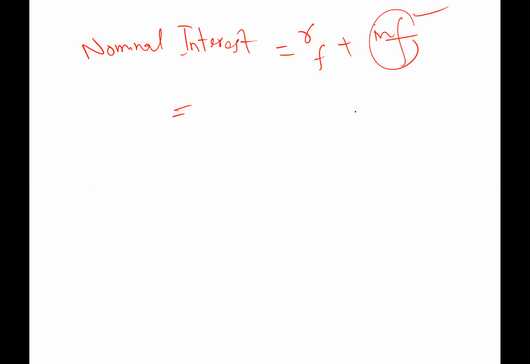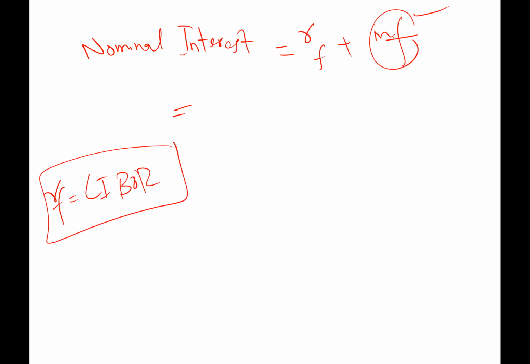It is the component of inflation. Normally the risk-free rate is LIBOR, the London Interbank Offer Rate. It is published on a daily basis as well, on 3 months, quarterly, semi-annually and yearly basis. You can go to the London Interbank Offer Rate and find that out.